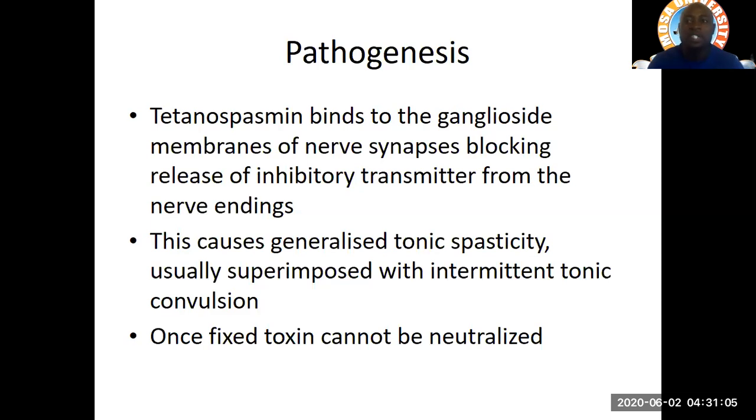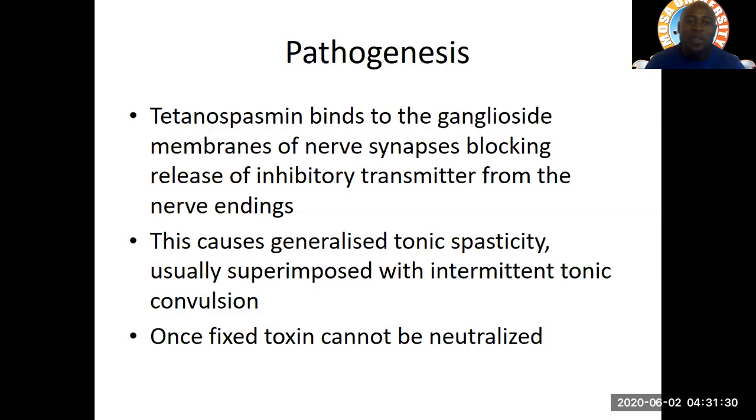When you talk about spasms, these are like electrical impulses happening in the body. They are transmitted through the peripheral nerves, and once transmitted, the tetanospasmin binds to the ganglioside membranes of the nerve synapse.